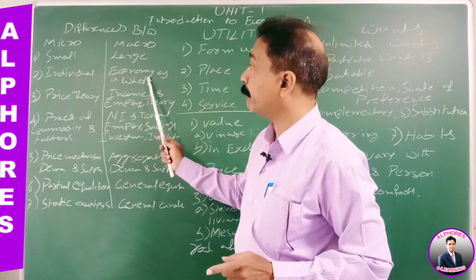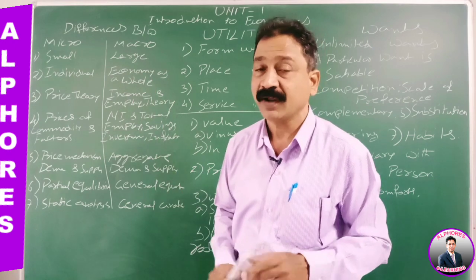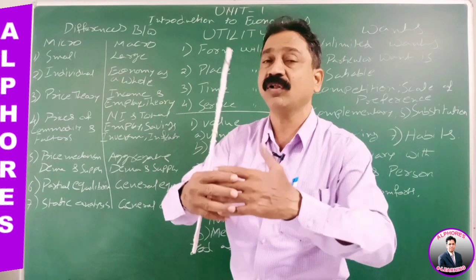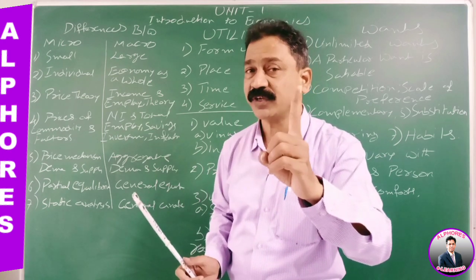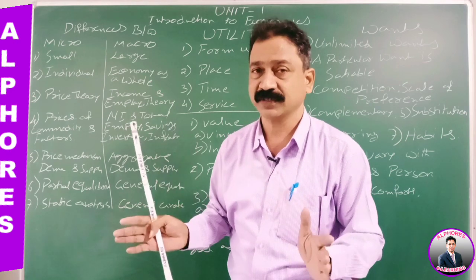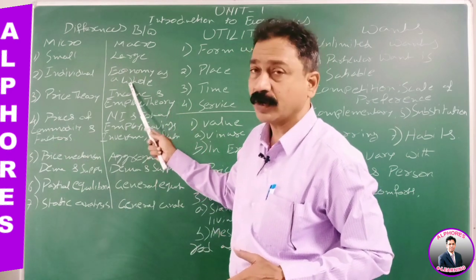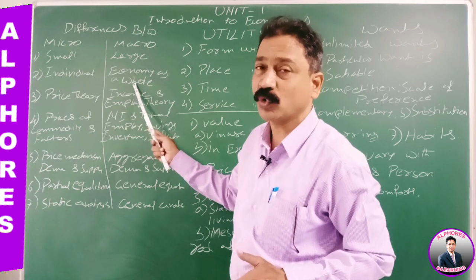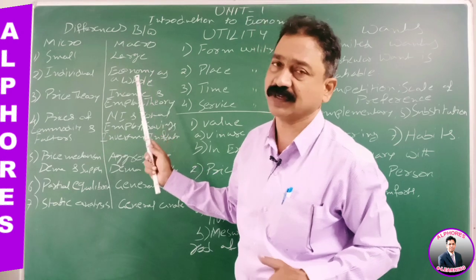Whereas macroeconomics discusses the total economy as a whole, not one industry but all the industries put together. Not one person's wage, but all the labor's total wage, in aggregates or totals, as an economy as a whole.